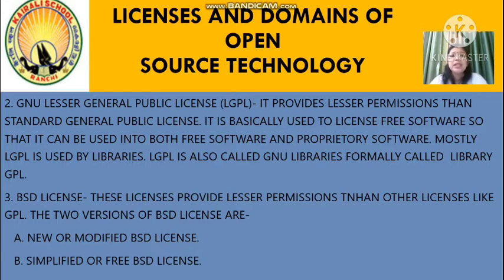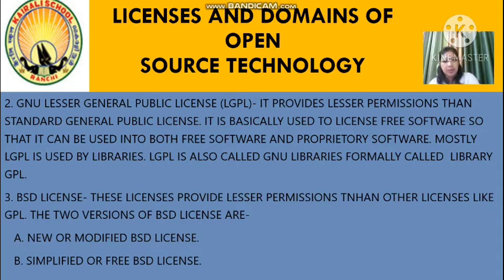Basically this is used in libraries; you must have noticed that when you download or create software, many linking library files are there with extensions like .dll. So it is used for those types of software, and that's why it is known as GNU libraries, or formerly called library GPL.